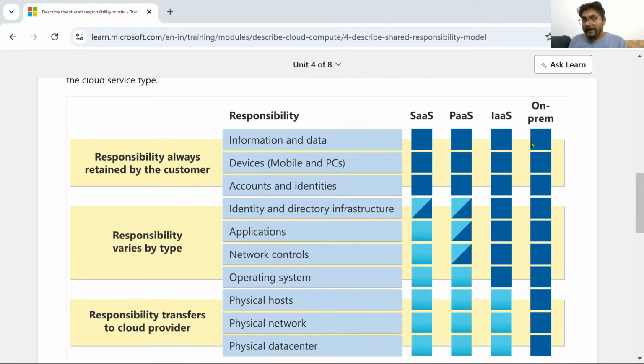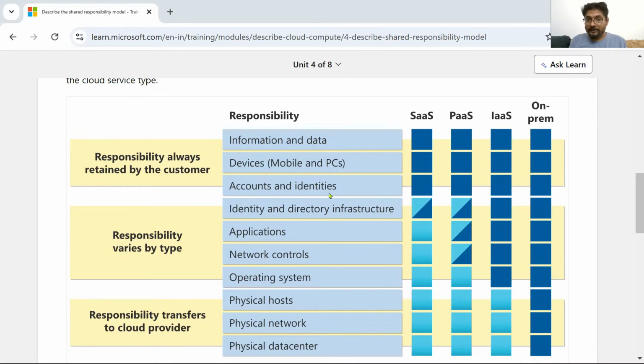As on-prem, you are responsible for everything. I'll go one by one just to help you understand. Information and data, you are responsible. Which device the application can be accessed on, can it be accessed on a mobile or only on a PC or both? That also you define. As an on-prem data center, you design it, you define it.